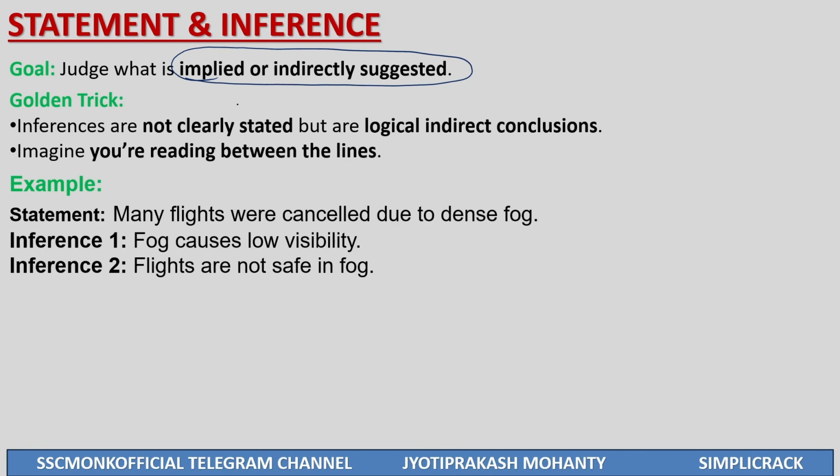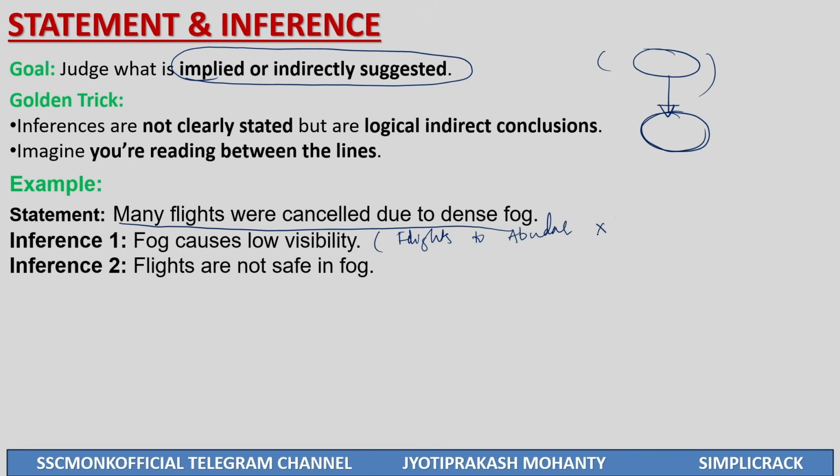The inference should not be clearly stated in the subject statement. That means the given inference should not be part of the statement. Let's say here in the examination example, many flights were cancelled due to dense fog. So here, if in the inference it is written flights to Abu Dhabi are cancelled, that means what?